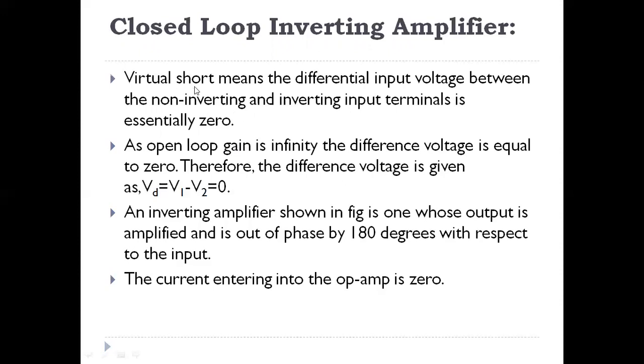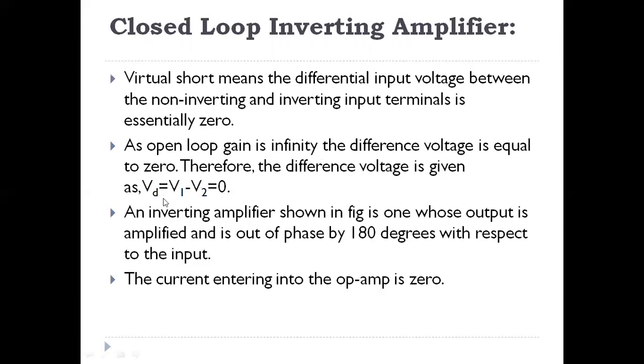Here we are applying the virtual ground concept. Virtual short or virtual ground means the differential input voltage between the non-inverting and inverting input terminals is 0. That is the virtual ground concept.